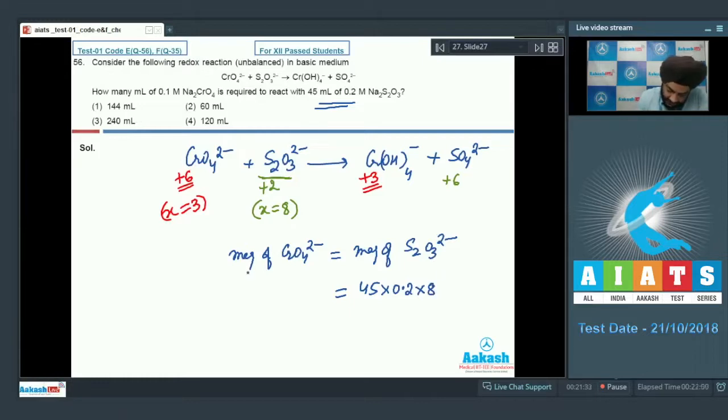And on the left hand side we had 0.1 molar. Let the volume be V mL into the N factor, which is equal to 3. So we can solve this expression to get the value of V as equal to 240 ml. So the correct answer for this question is option 3. Moving on ahead to the next question.